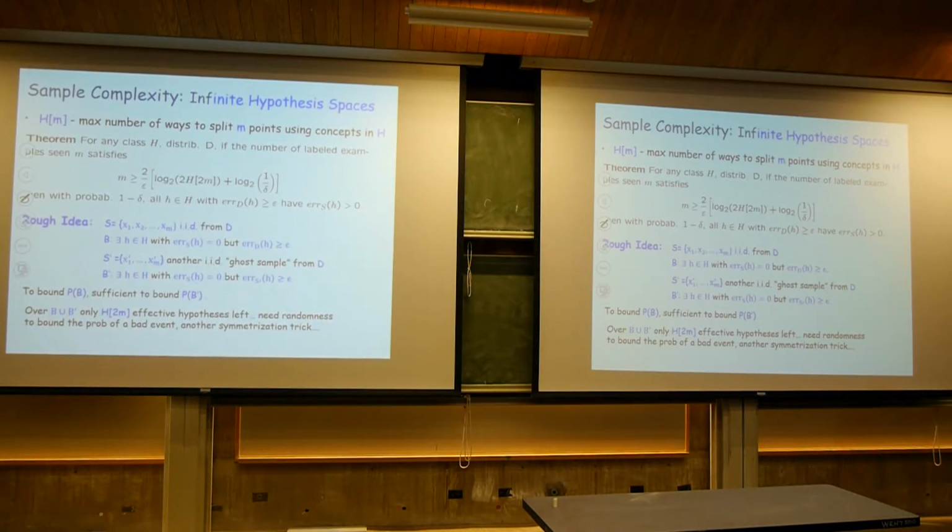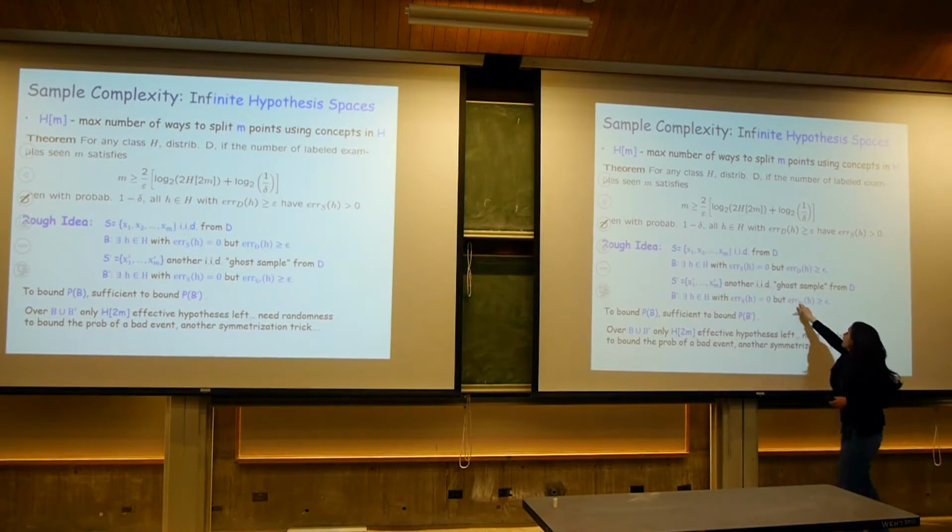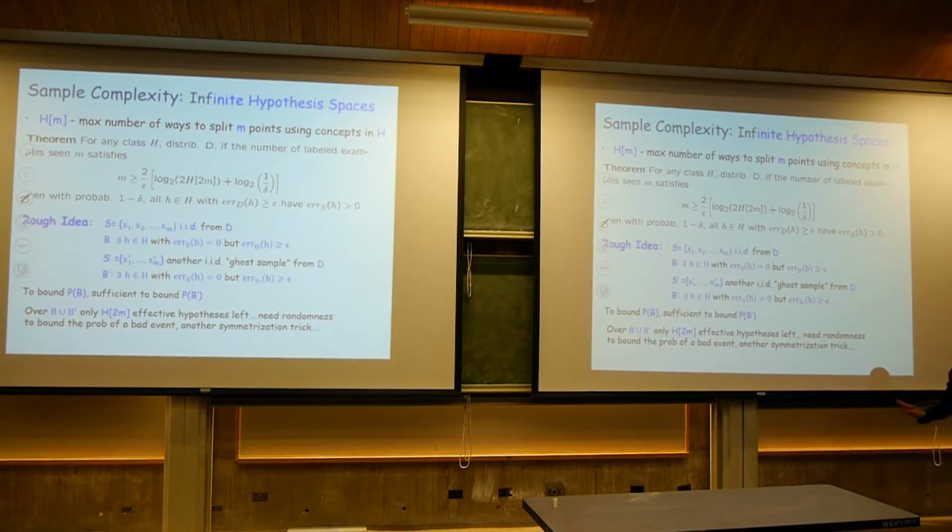The bad event B prime is that there exists a hypothesis in my search space that is perfect over the training sample, but has error at least epsilon over the ghost sample. That's an event that only involves two samples drawn IID from the same underlying source.